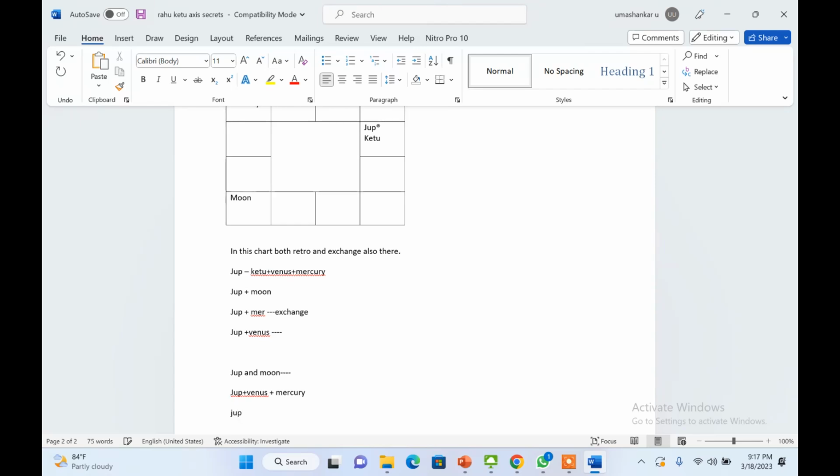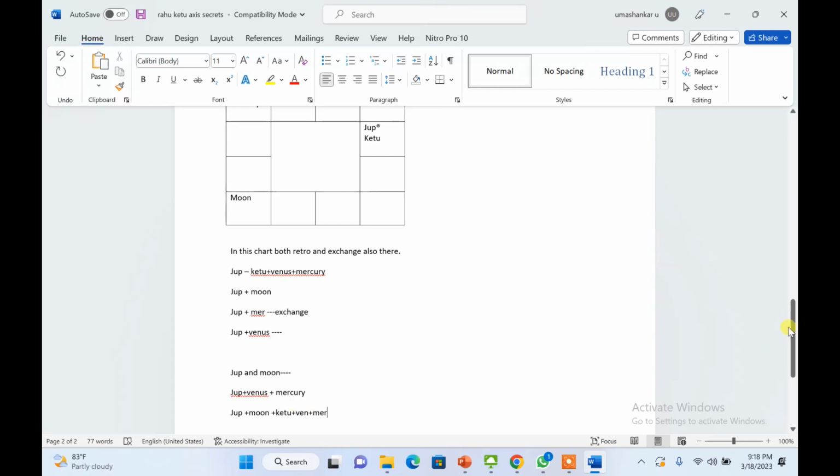Then Jupiter plus Moon plus Ketu plus Venus and Mercury. Now all are getting connected.